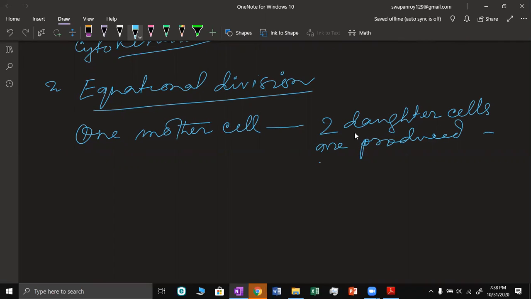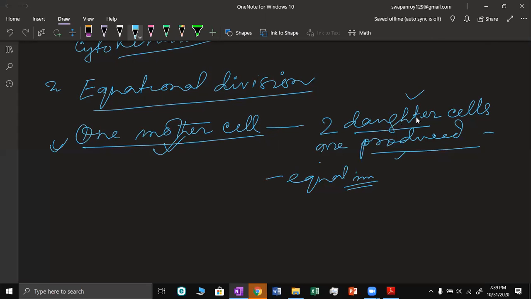These two daughter cells are equal. They are getting equal content from the mother cell. That is, the mother cell's content is equally divided among the daughter cells. Whatever content is there in the mother cell, equally it is divided.